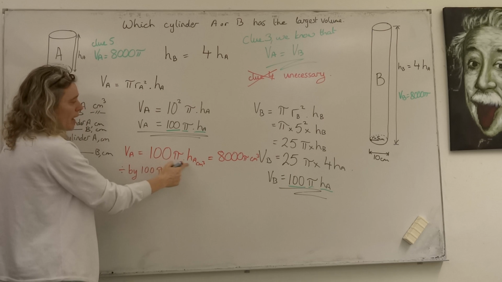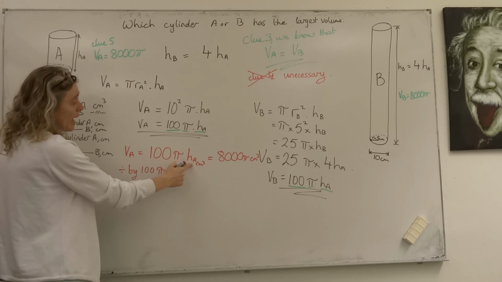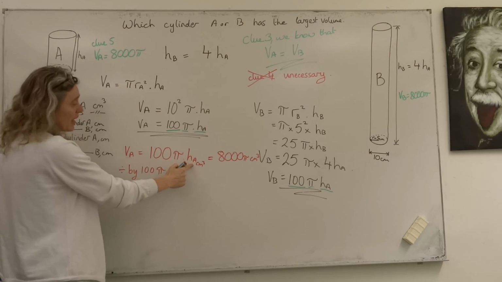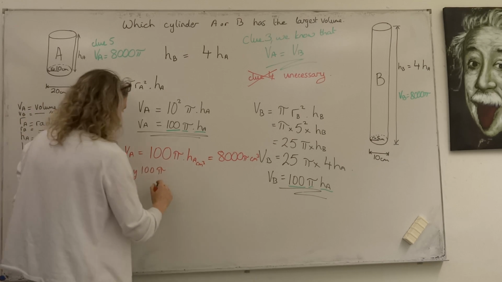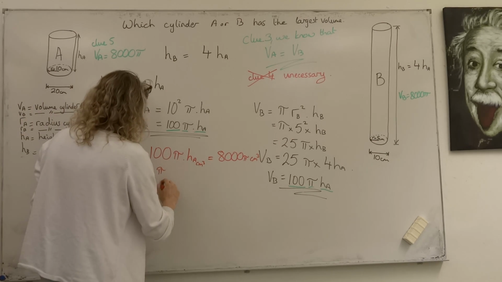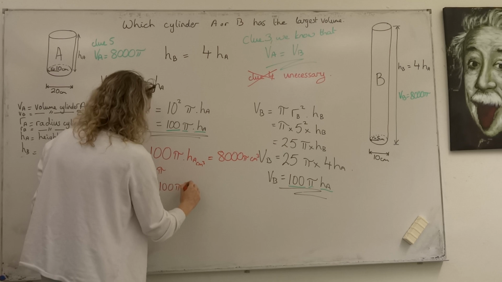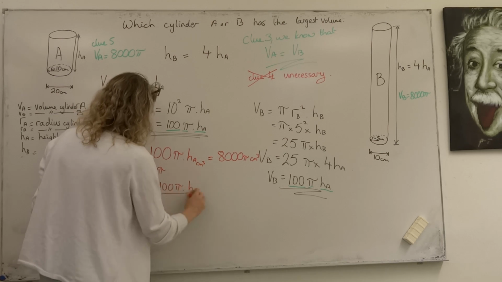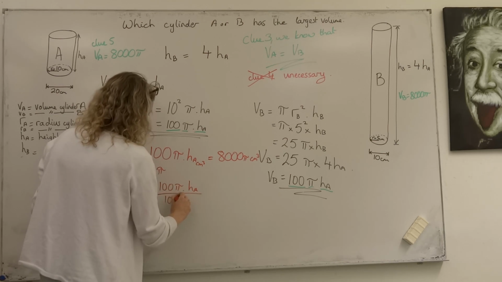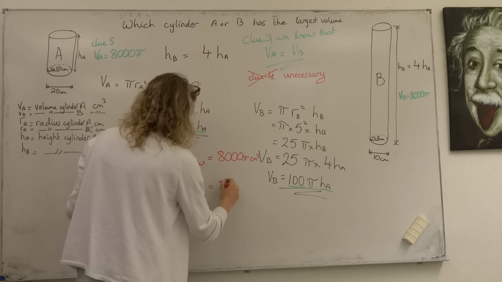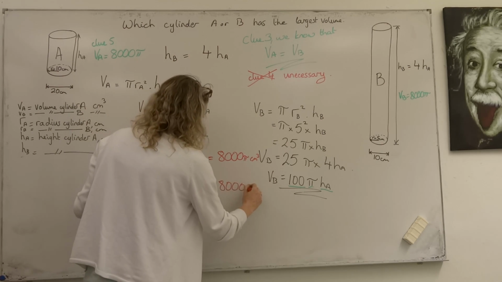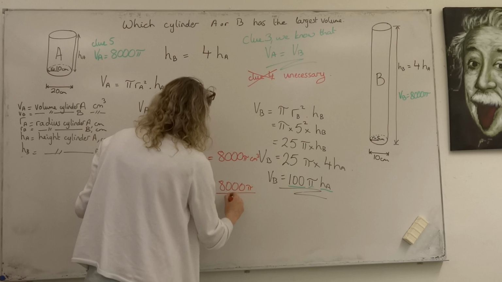We want HA by itself. If we divide both sides by 100 pi, we'll get HA by itself. So 100 pi times HA divided by 100 pi equals 8,000 pi divided by 100 pi.